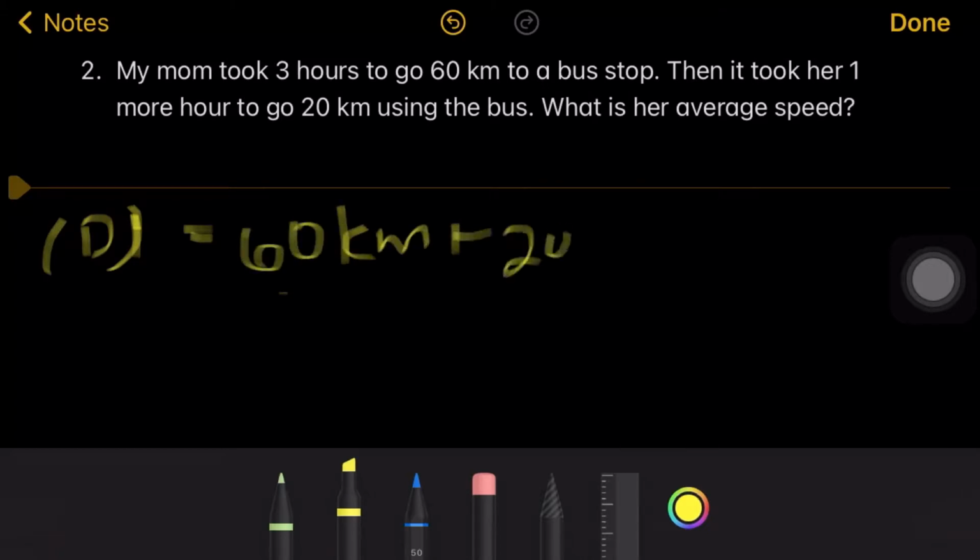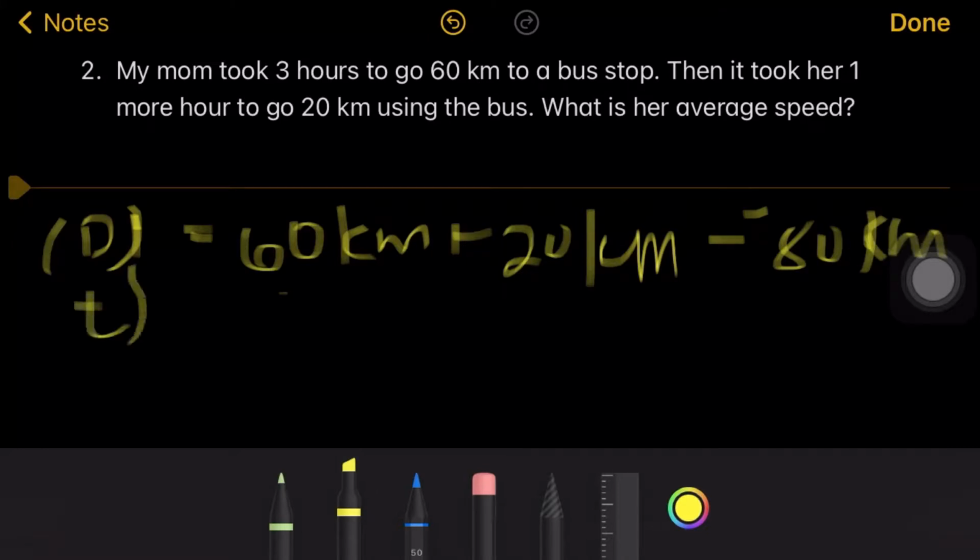So first we will get the total distance. 60 km plus 20 km equals 80 km. And then the total time, we're gonna add 3 hours and 1 hour, which is equivalent to 4 hours.